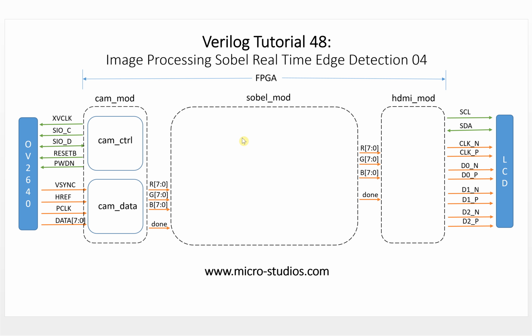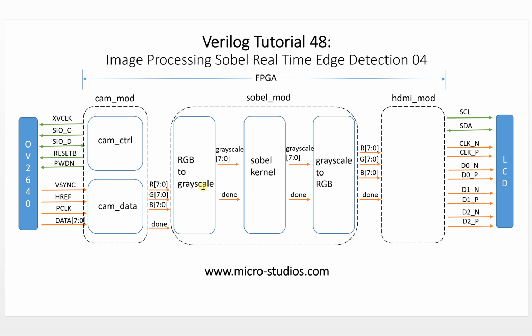Next, we take a look at the Sobel module. The Sobel module has three sub-modules to handle the algorithm. As we know, the Sobel algorithm is only able to take grayscale values, so the first module changes the RGB to grayscale.